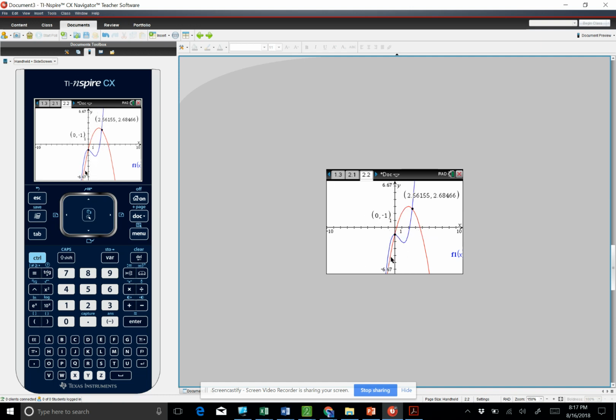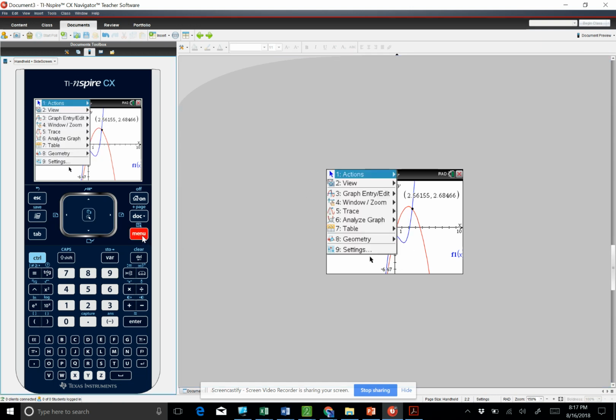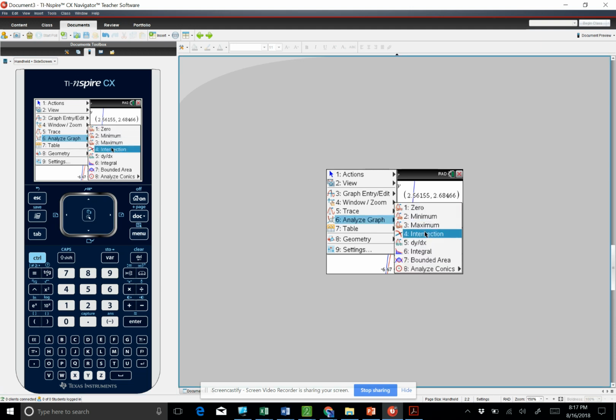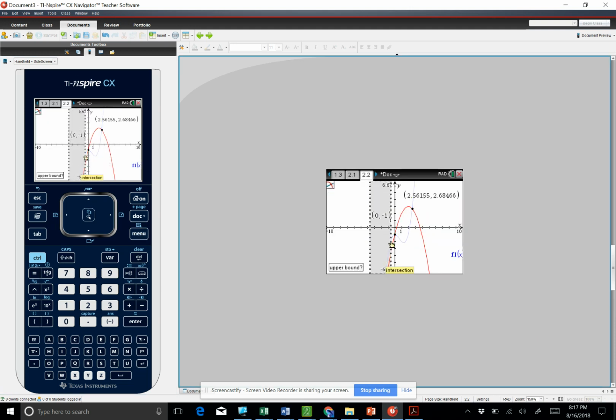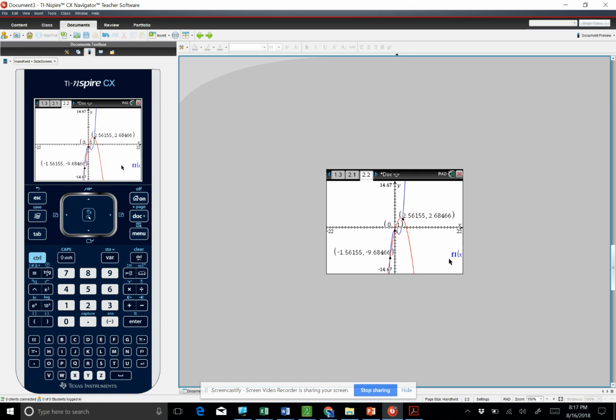There's my number. Now, we can still get that hidden one without even really zooming or moving our graph at all. So Analyze Graph, Intersection. I'm going to go to the left. Notice how the word intersection popped up even before I hit that point. And it'll zoom it for us, and we'll find that 3rd point of intersection there.